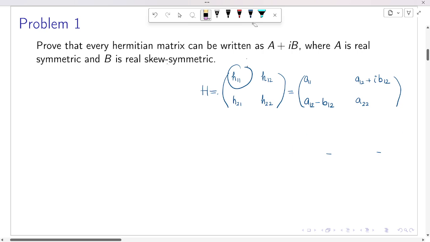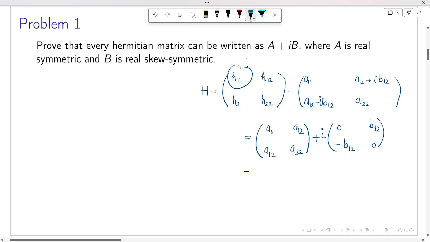Now let us split this matrix into two matrices like this. A11, A12, A12, A22 plus 0, iota B12, minus iota B12, and 0, and then let us take this iota out here.